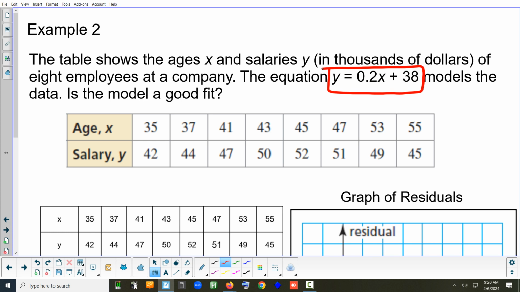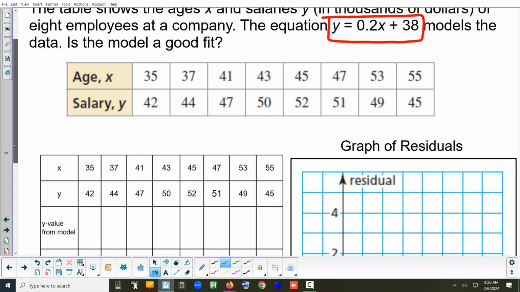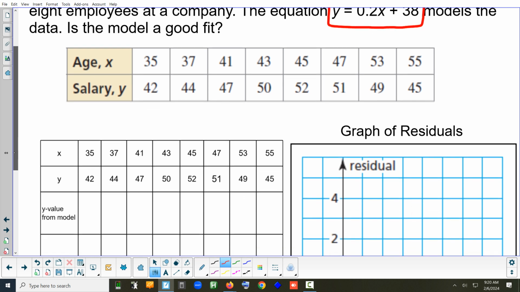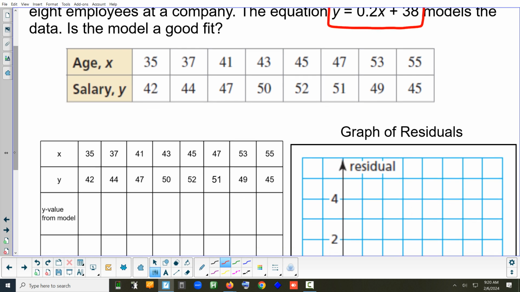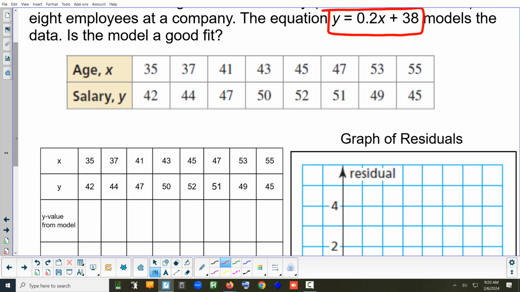Is it going to be perfect? Probably not. This is the actual data. The model hopefully is going to be close. We'll see. So what you have to do is, and I'll get the calculators out, plug in each x value, one at a time, into the model, and we'll just round it to the nearest whole number.